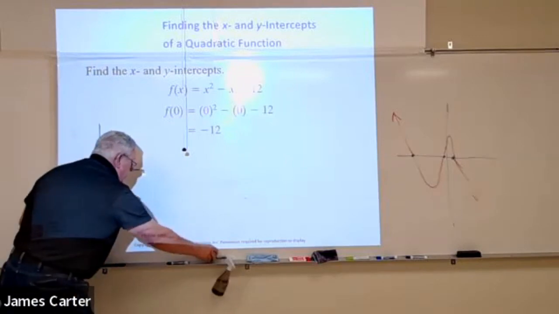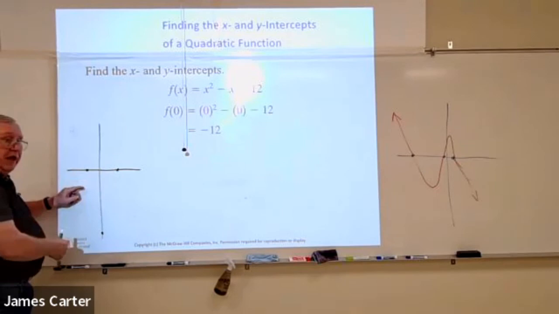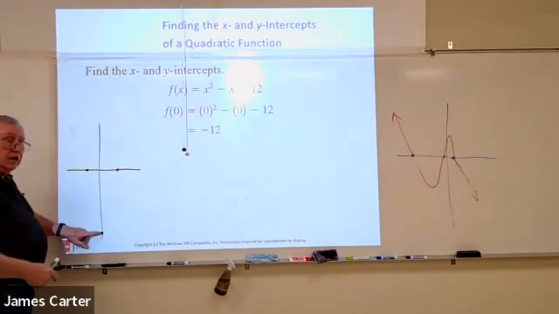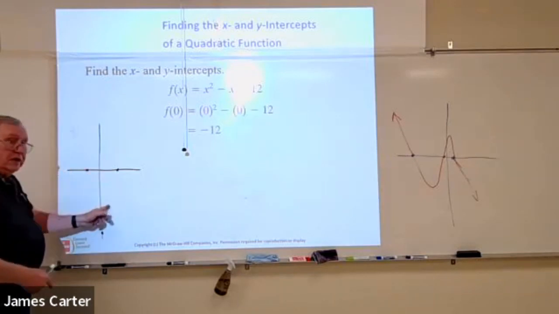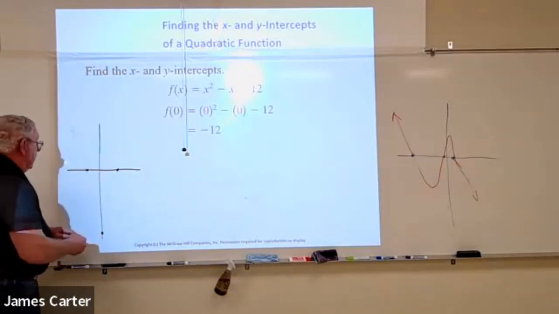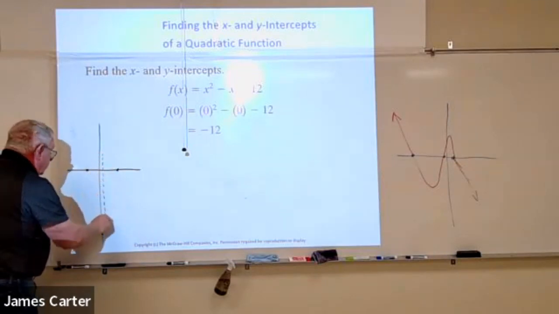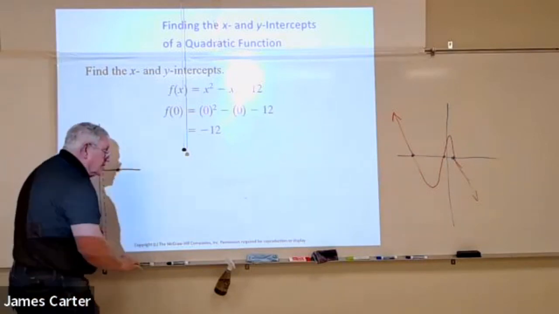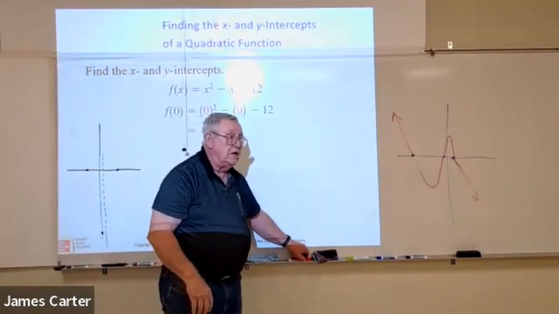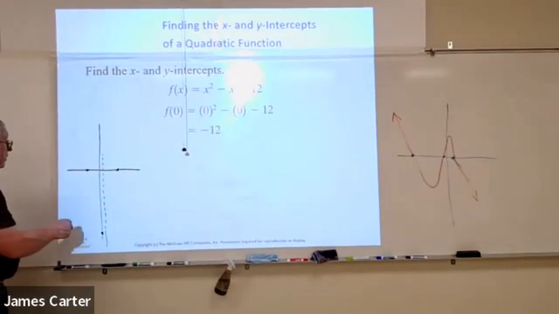Now, these two are not symmetrically apart from that. So this is not going to be our turning point. Our turning point is going to be about halfway between them. If you find the value that's exactly halfway between those two, that will be called the axis of symmetry, by the way, which is not really part of tonight's lesson, but it will be a future one.